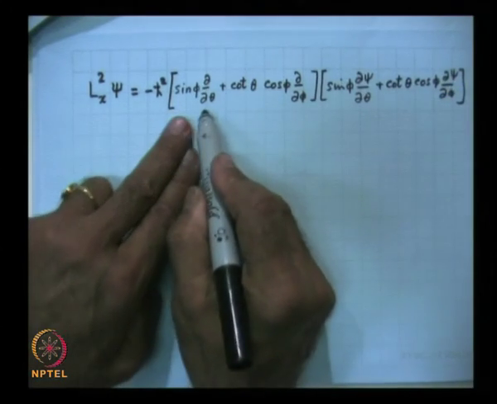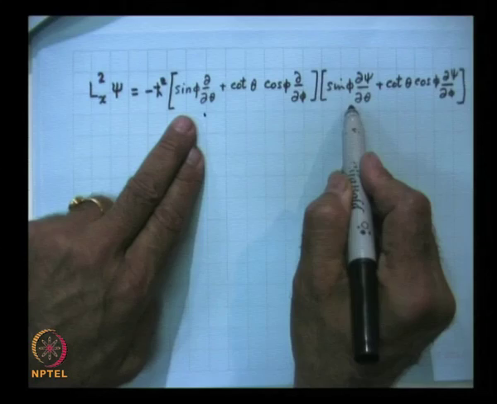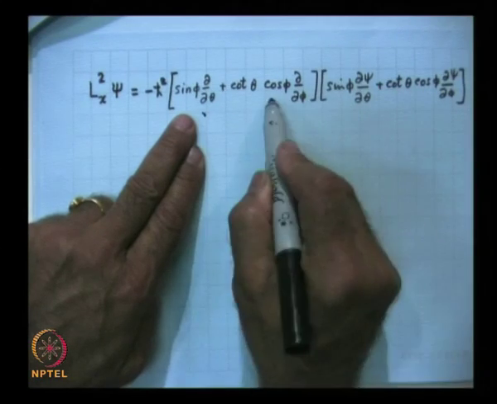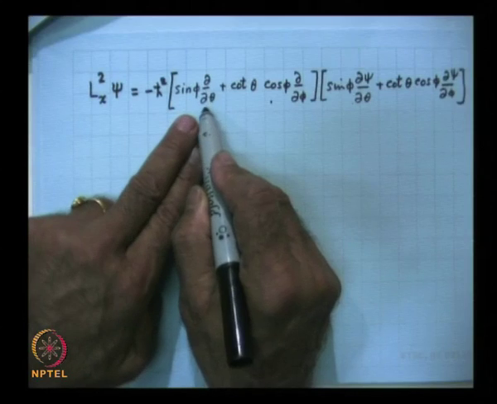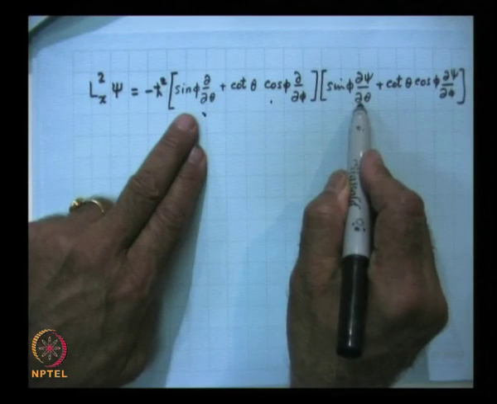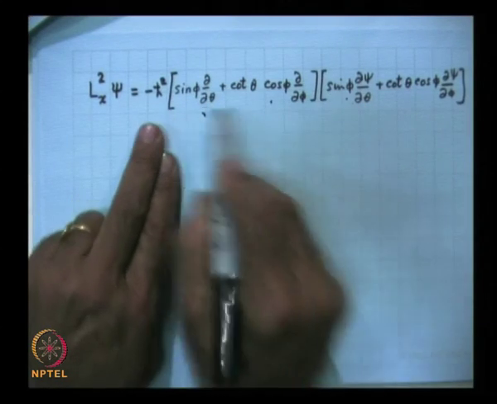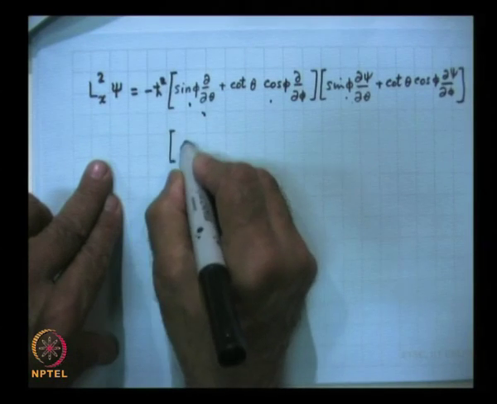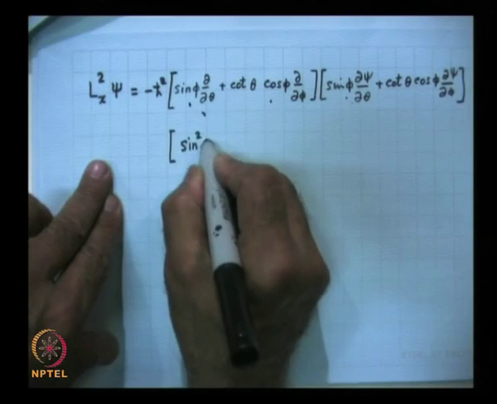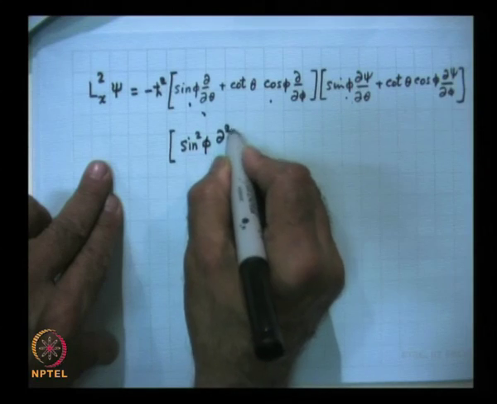Then I have to operate this on this, operate this on this, and we have to be very careful. When we differentiate with respect to theta, then of course phi can be kept constant. So, if I operate this on this, the first term will be very simple, sin square phi delta 2 psi by delta theta square.